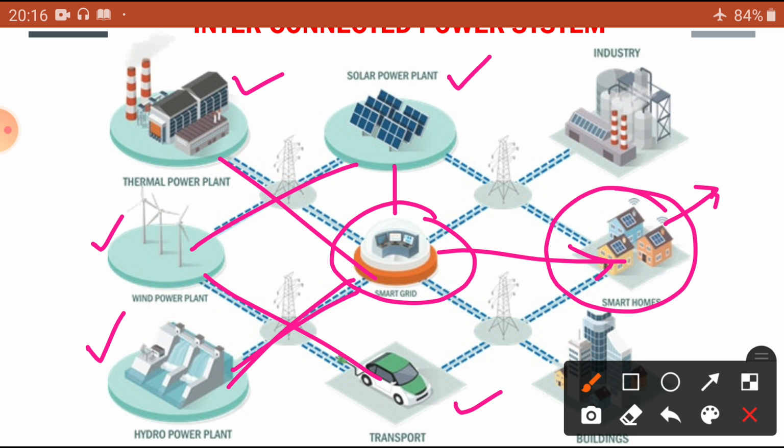Bilateral means that whichever direction the current flows, the property of the element does not change. That is a bilateral network, like a two-way road.